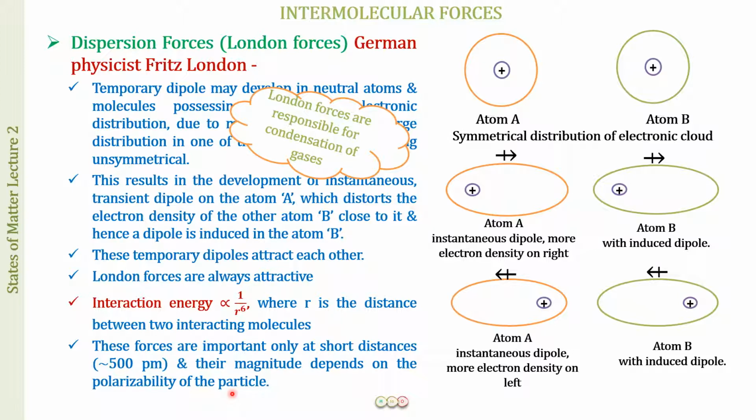So the more the size, the more the polarizability, the more the London forces that are going to be present.